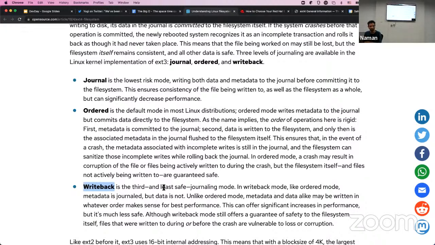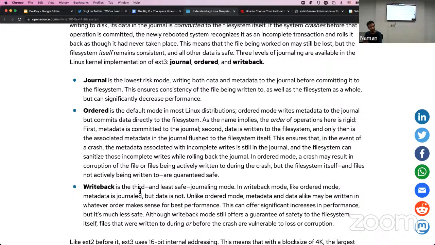It will write the metadata to the journal as well, but not in a specific order. In the ordered mode, it is always guaranteed that the metadata is first written to the journal, and only after that, data is written to the file system. Over here, it does not do that. It basically looks at which will be more performant.